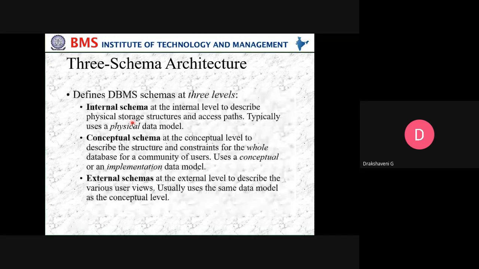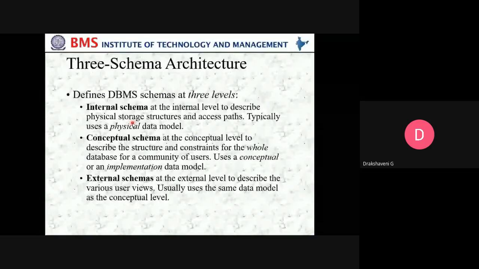The same thing we have seen in the diagram is the explanation of the three schema architecture. It defines the DBMS schema at three levels: internal schema, conceptual schema, and external schema. The internal schema at the internal level describes the physical storage structure and access paths, and typically uses a physical data model.